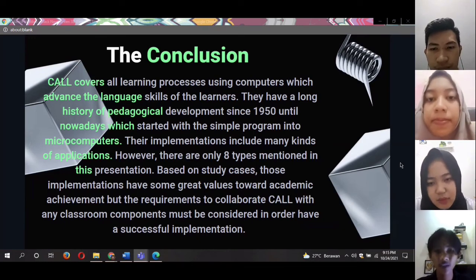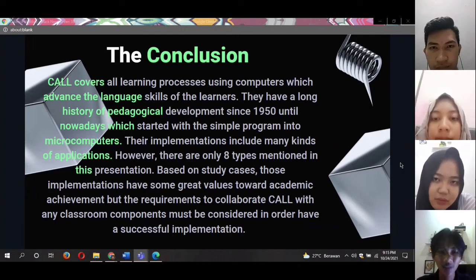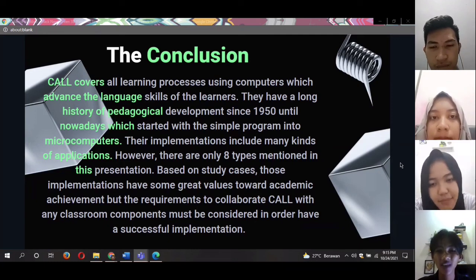However, there are only 8 types mentioned in this presentation. Based on these case studies, these implementations have some great values toward academic achievement, but the requirements to integrate CALL with any classroom components must be considered in order to have a successful implementation.